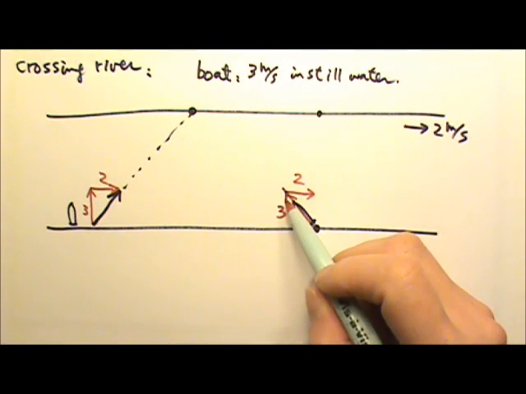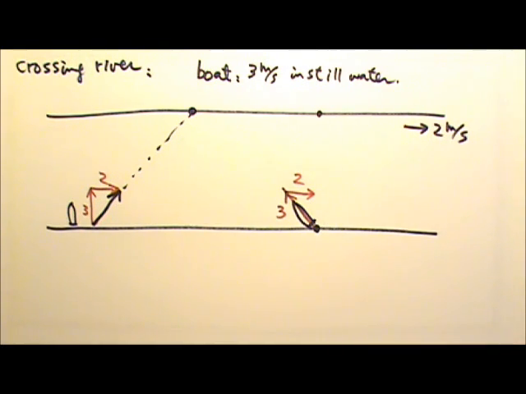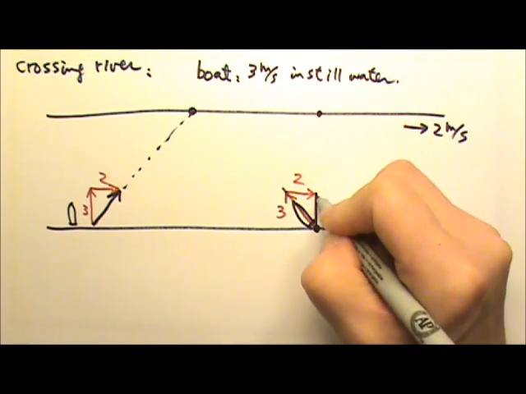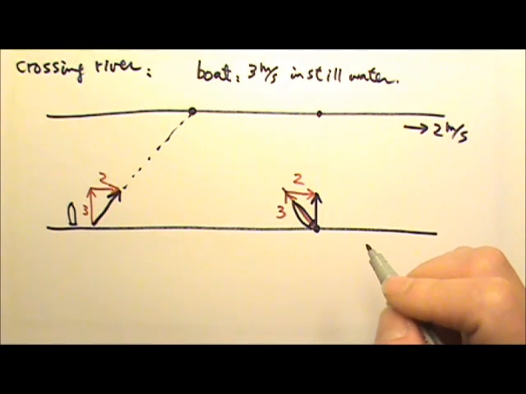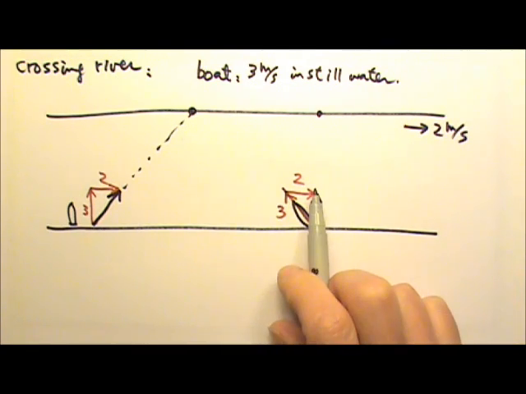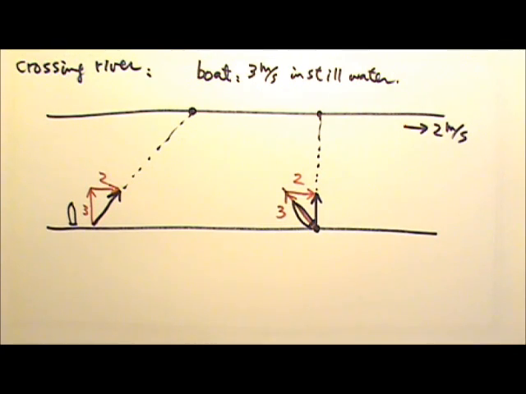If we aim the boat at just the correct angle, we will end up with a total velocity starting here, ending there. That's the net velocity of the boat. So relative to the shore, the boat will be traveling straight that way. So this boat can end up right there.